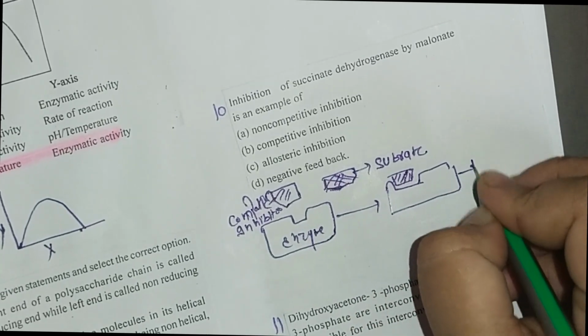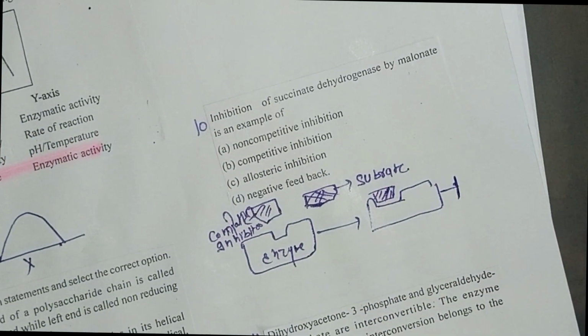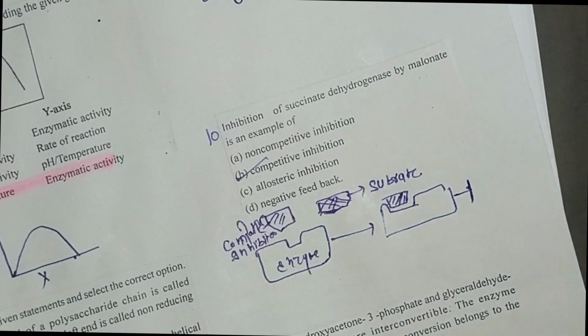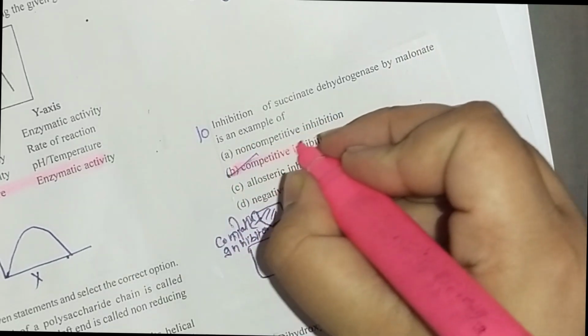So this will prevent further reaction. So this is known as competitive inhibition. The correct answer is B, competitive inhibition.